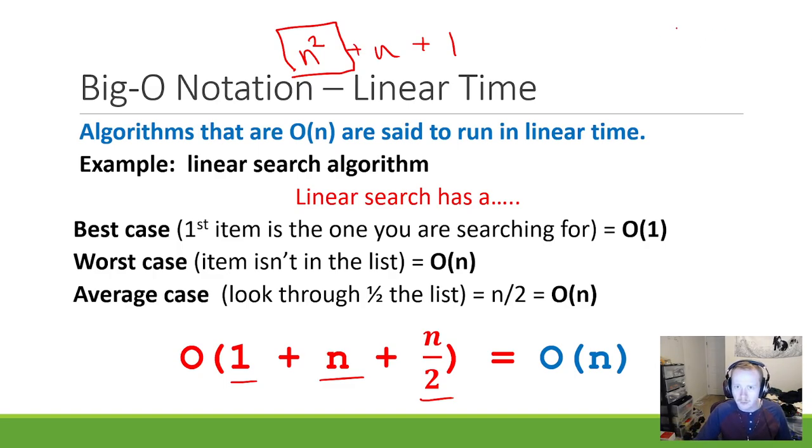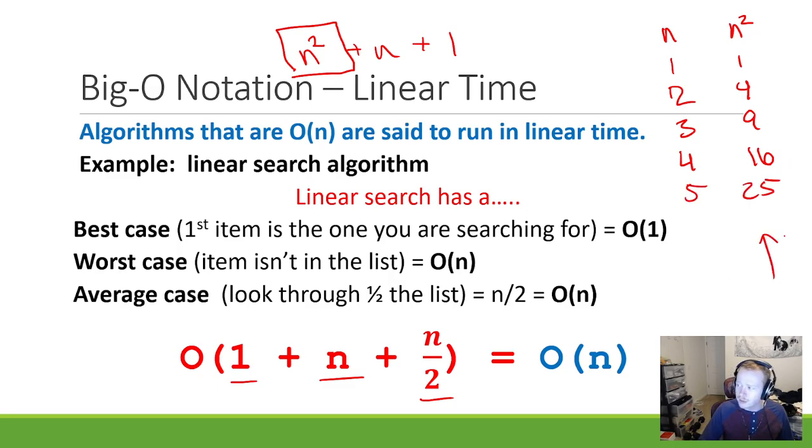So if we take n and n squared, n will be 1, 2, 3, 4, 5, and n squared 1, 4, 9, 16, 25. N squared is already 5 times the size of n. So the higher exponents will always grow faster, and so we have to consider them for our time.